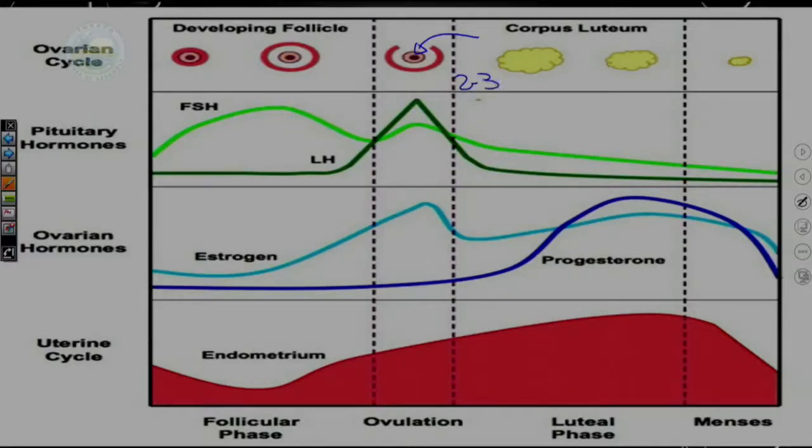So it's a very narrow window. If fertilization takes place, then we have continued maintenance of the lining, and this corpus luteum will persist until the placenta is fully developed and active to start producing its own progesterone. Now, what happens if a couple wants to engage in sexual intercourse but does not want to get pregnant?